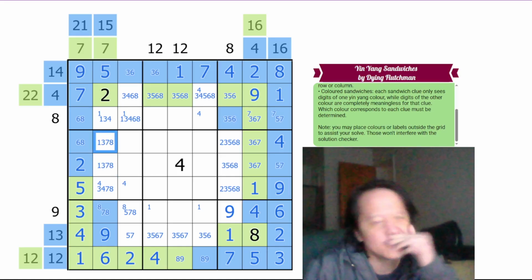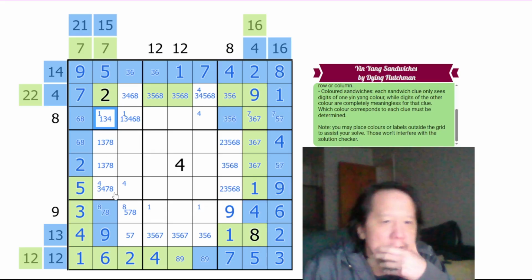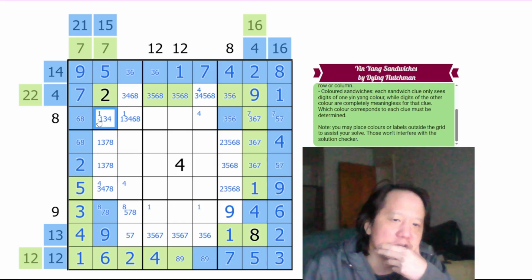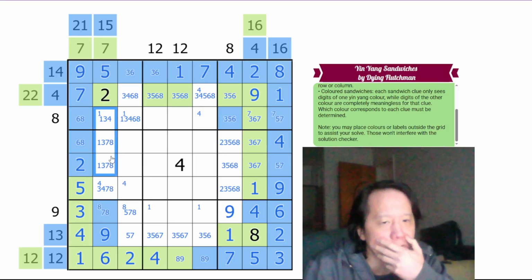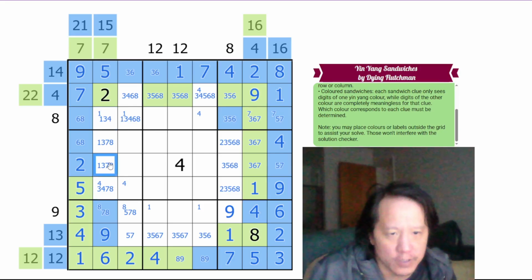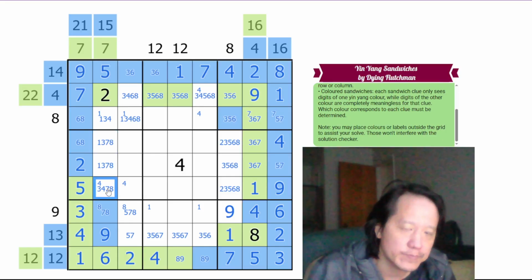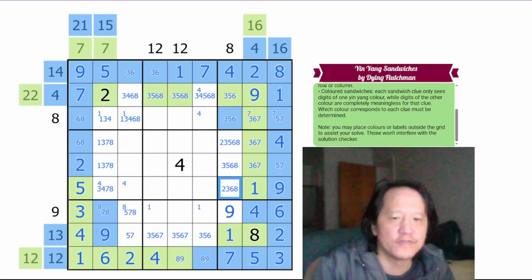Oh, well, no. We have 2 greens in column 2, and then 2 more blues. You could have blue and blue here, which would make green and green here. This can't be 5 because of a 5 in the row.